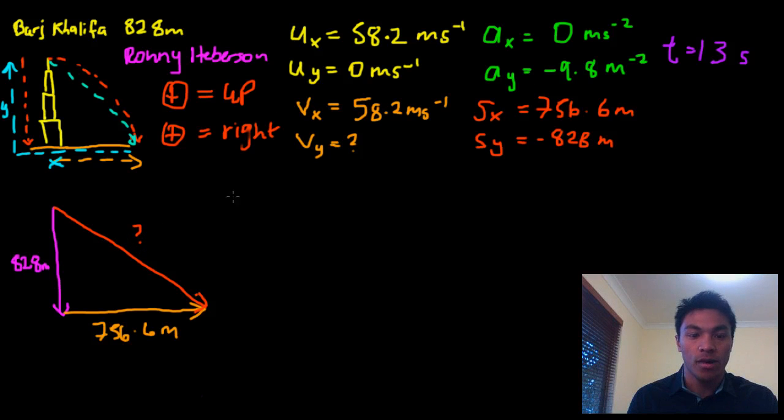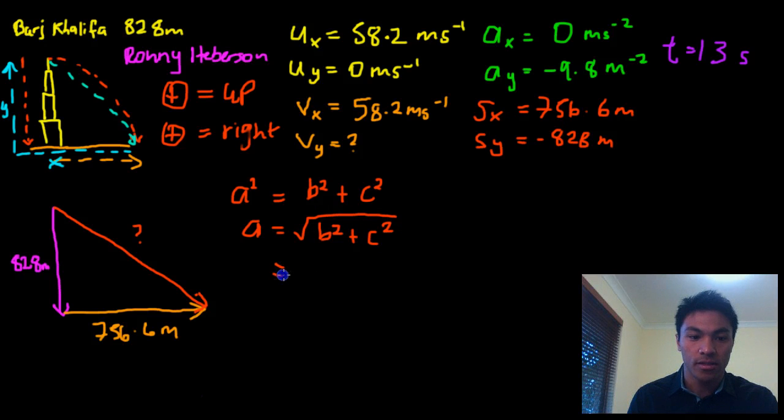So if we use the Pythagorean theorem, which is a squared equals b squared plus c squared, where a squared is our hypotenuse and b squared and c squared are the two different components. So a squared is our resultant and these are our two components. We want to find a. To quickly rearrange that, to get a, you need the square root of b squared plus c squared.